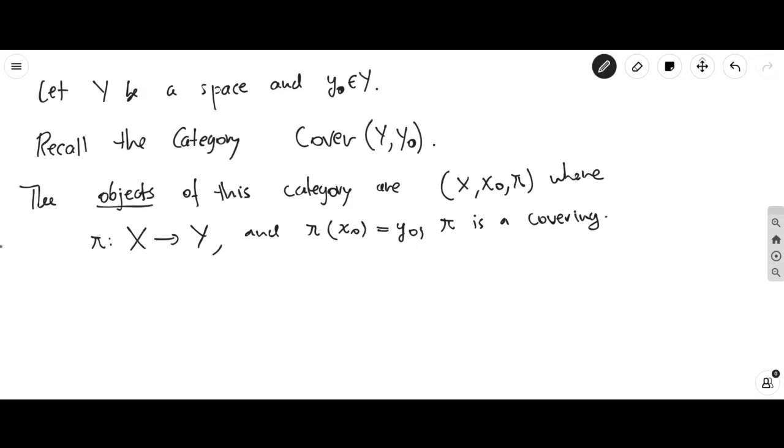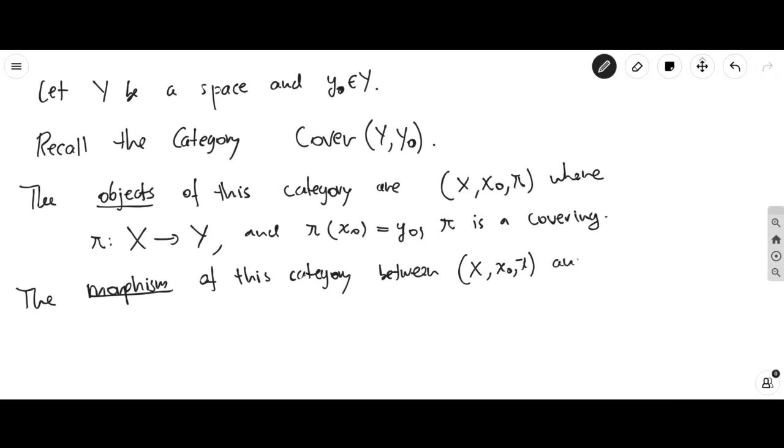And what are the morphisms? The morphisms of this category. So a morphism takes place between two objects. So we need two objects, so let's say one object is (X, x0, pi), and the other object is (X prime, x0 prime, pi prime).